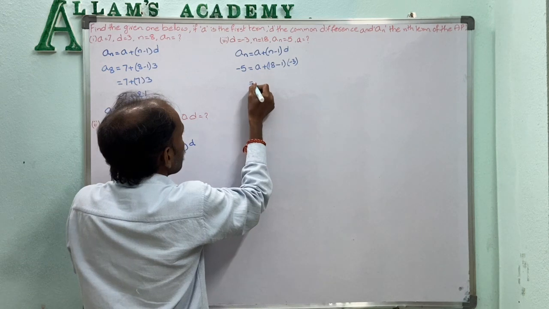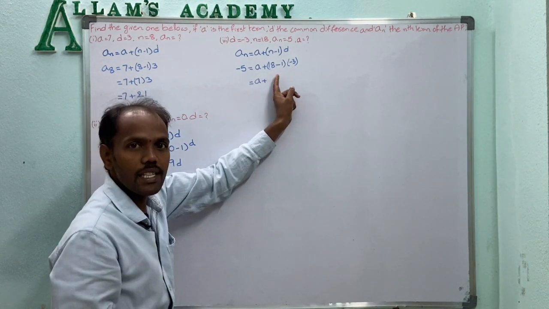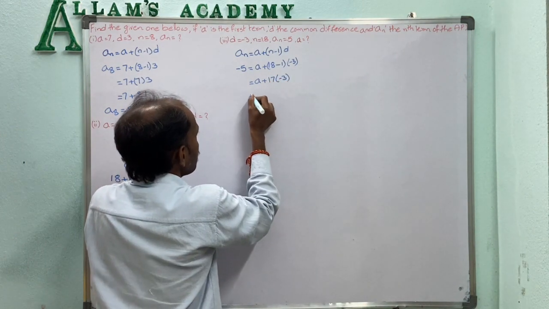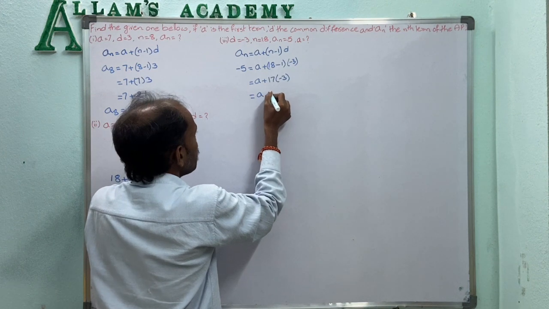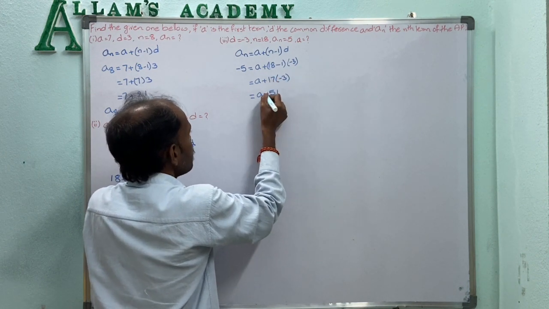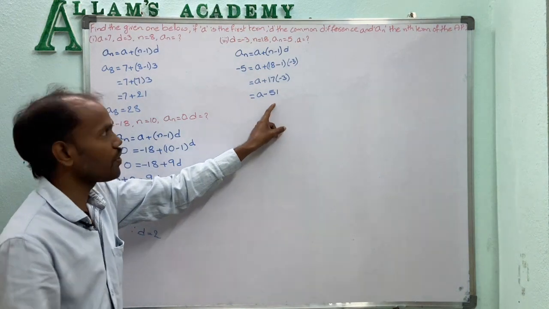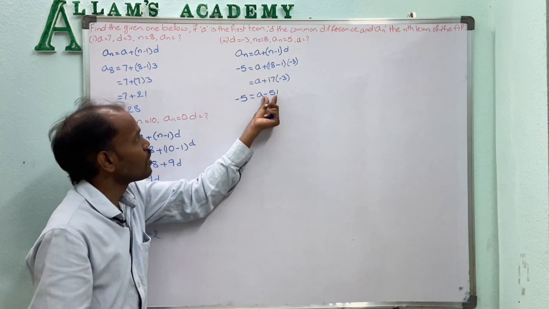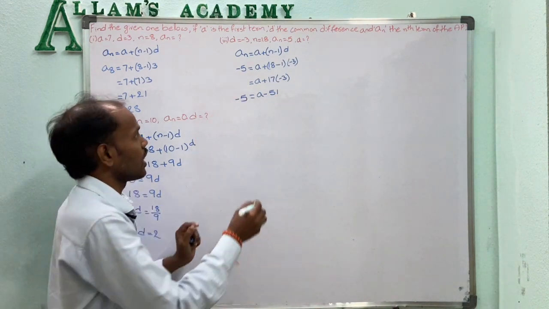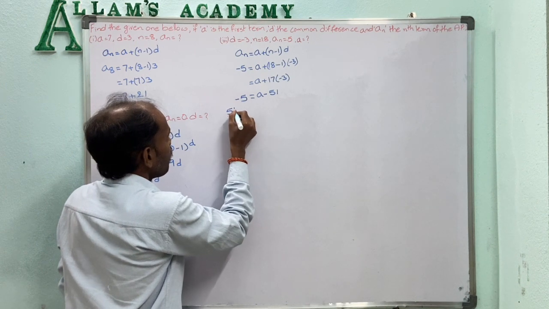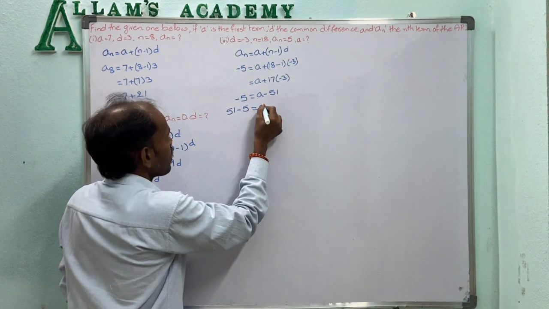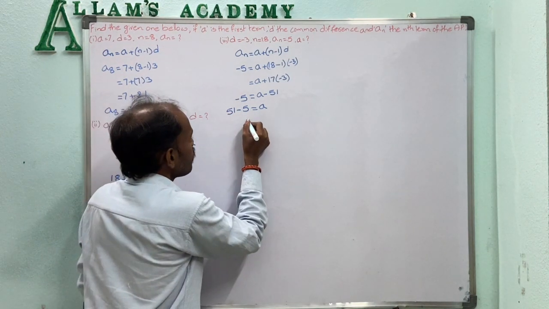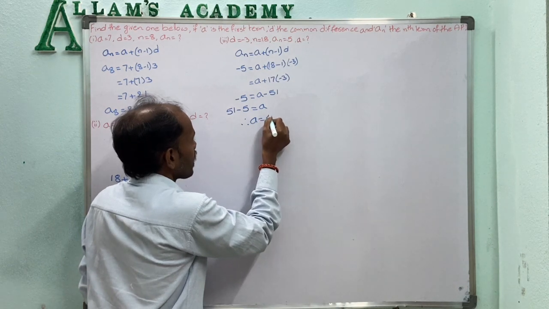So a plus 17 into minus 3, 17 threes are 51. Plus into minus is minus. So a minus 51 equals minus 5. This minus 51 transfers to the other side as plus 51. So 51 minus 5 is a, which is 46. So the a value is 46.